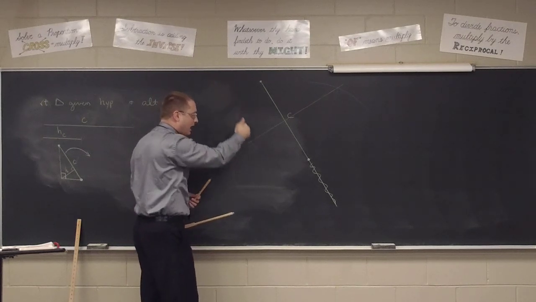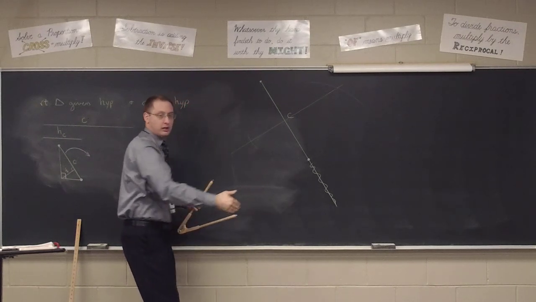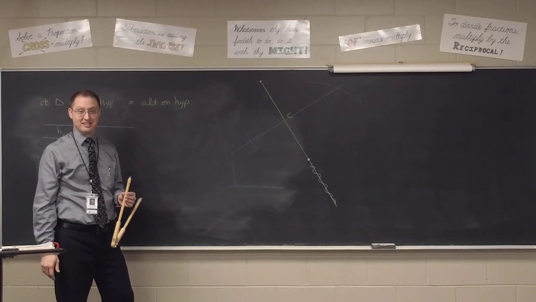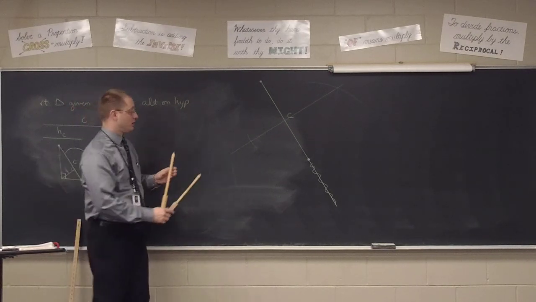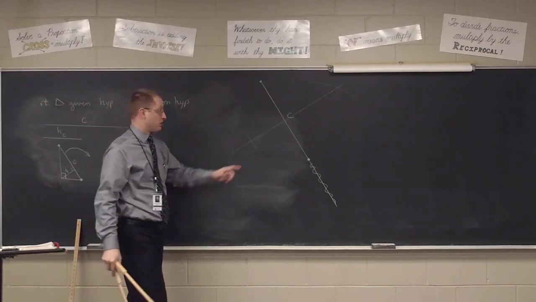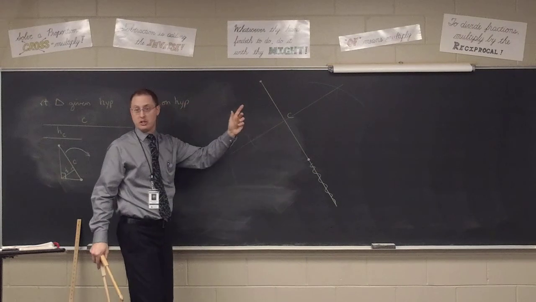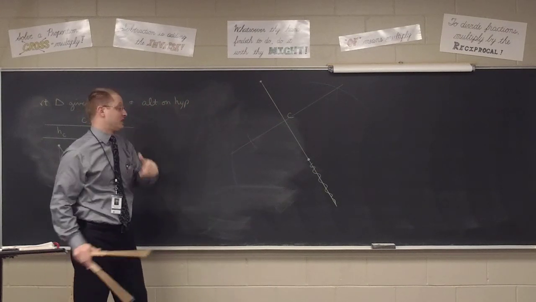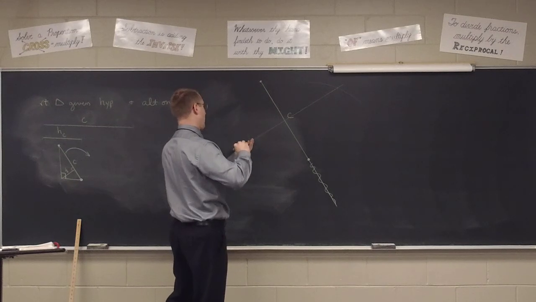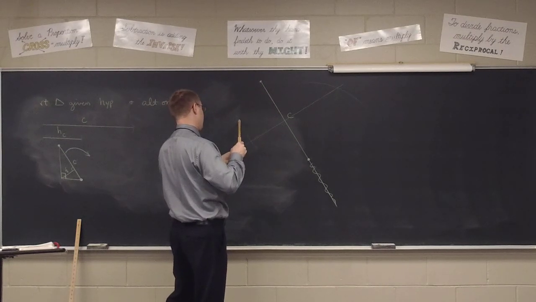How would I make a parallel right here? Measure the angle. I wonder, what angle? This right angle right here? You could, or you could just make another perpendicular. So now let's make another perpendicular out here at this distance.